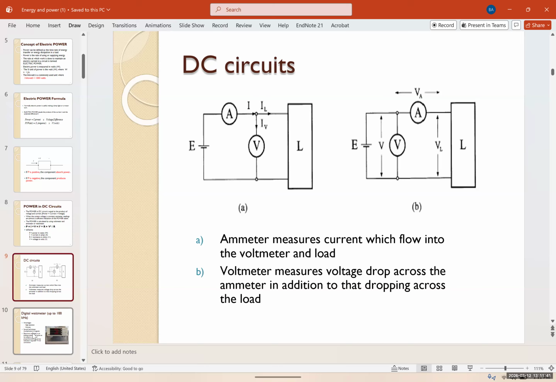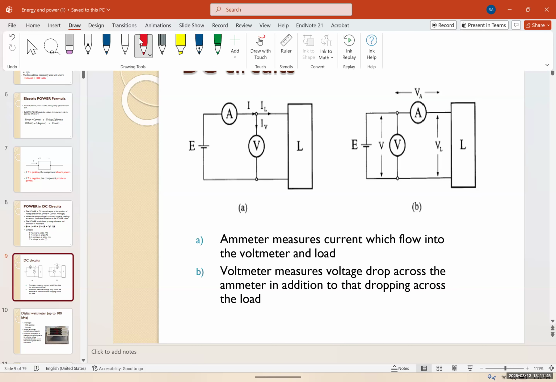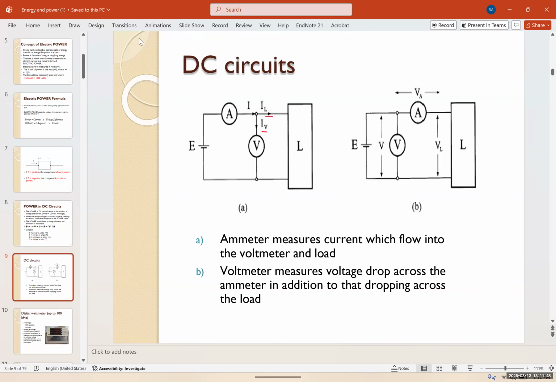If we had an ideal voltmeter, this wouldn't be an issue. But as you know, we don't have ideal voltmeters, so there would be some current passing through the voltmeter. So now I of the ammeter is measuring both I of the load and I of the voltmeter. So we have a little bit of error over here.